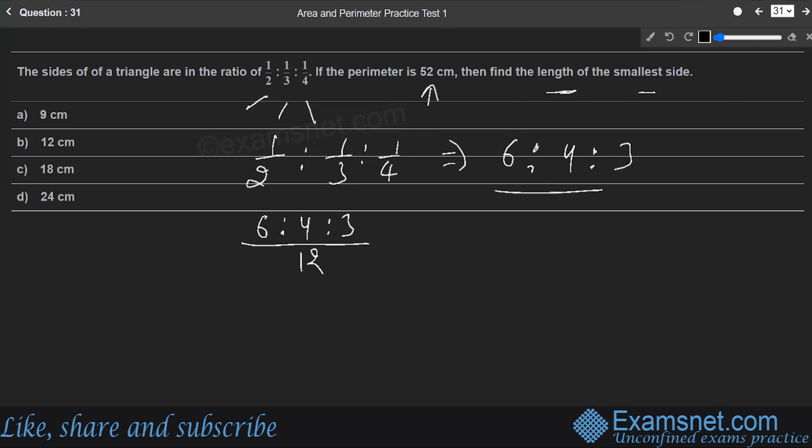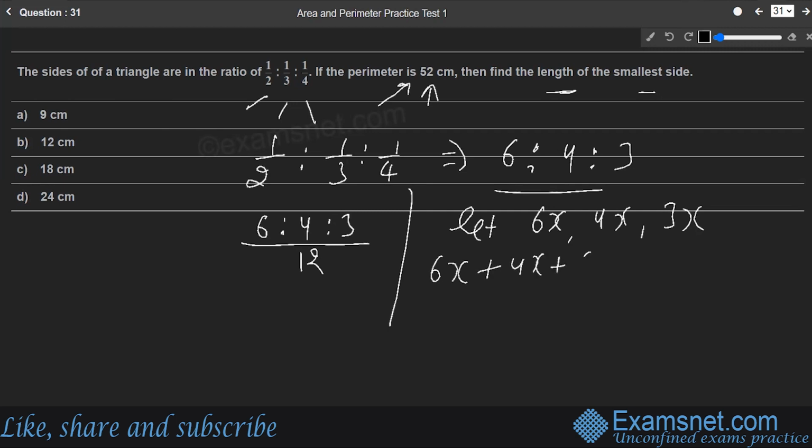Okay. Then he said the perimeter is 52. So for perimeter, we need to have the length of the sides. So let us assume the sides are of 6x, 4x and 3x units. Now the perimeter is the sum of all the sides. 6x plus 4x plus 3x is equal to the length of the perimeter, that is 52. If we solve this further, this is coming out to be 13x is equal to 52, which gives x value as 4.